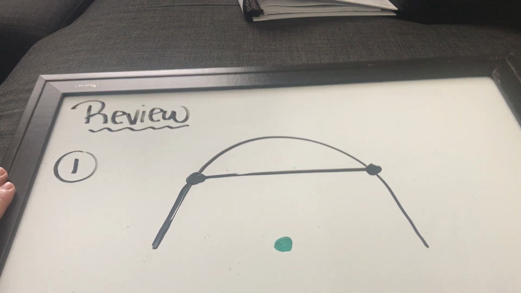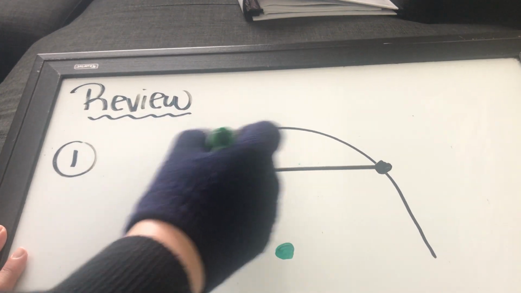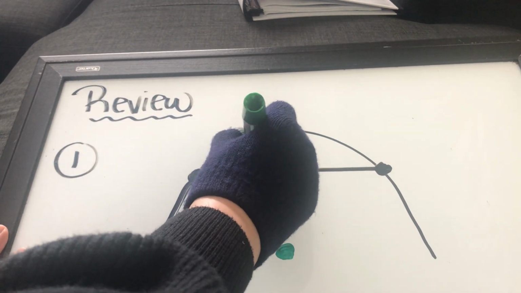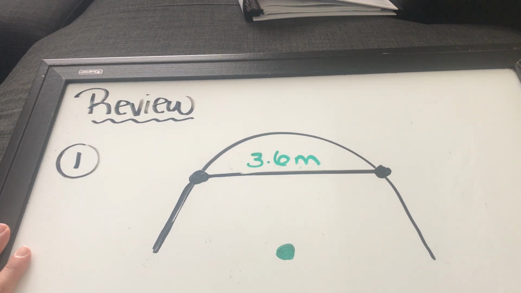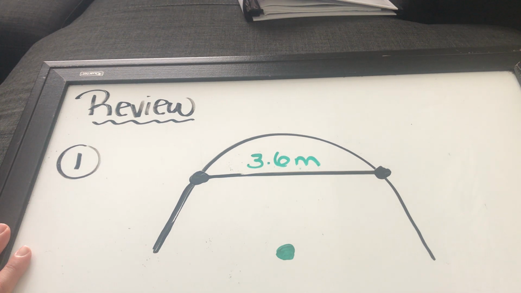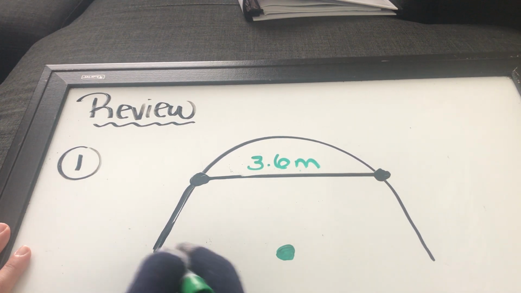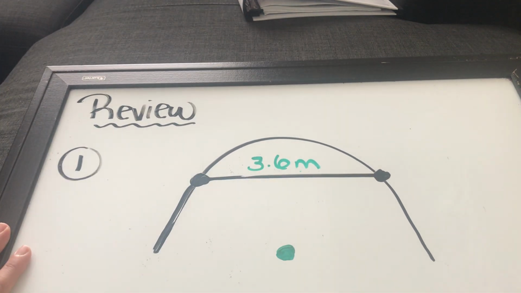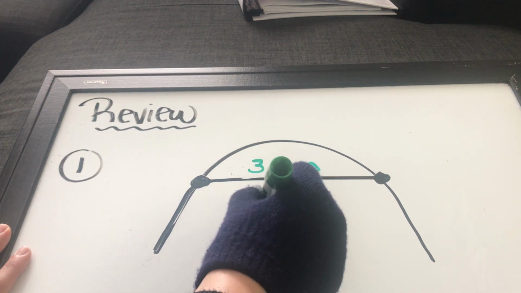What else did it tell you? It also told you what the length of this line is. So it's 3.6 meters, I believe. Then it mentioned that the distance from the water to this pipe, I believe it was a pipe, was 3 meters.